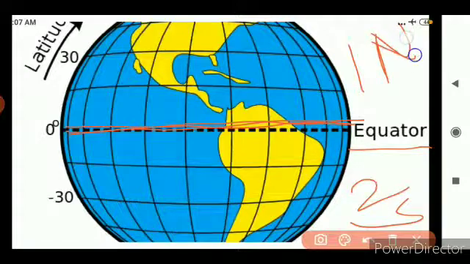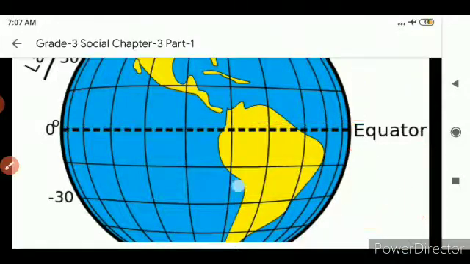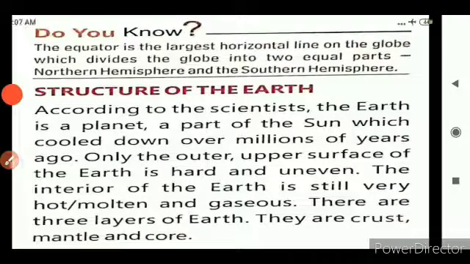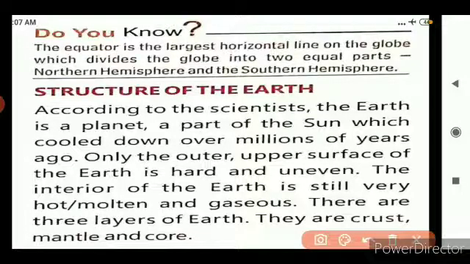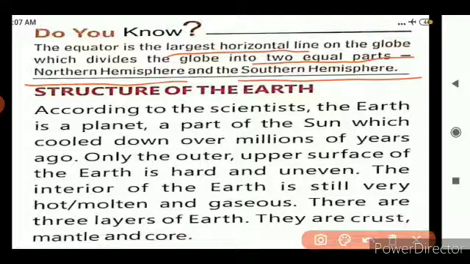The upper part is the northern hemisphere and the lower part is the southern hemisphere. Understood, children? Shall we move now? Yes. The equator is the largest horizontal line on the globe which divides the globe into how many parts? Two equal parts, the northern hemisphere and the southern hemisphere.